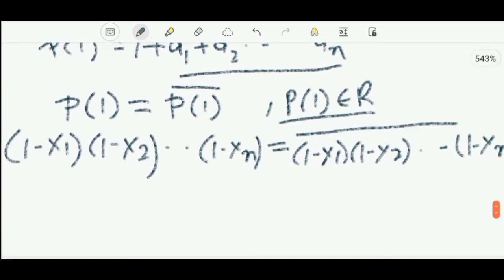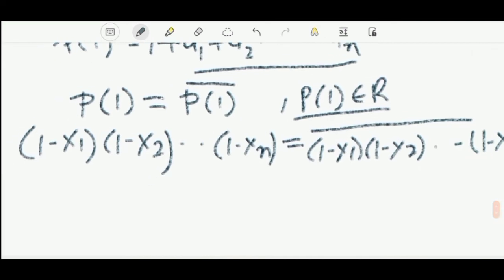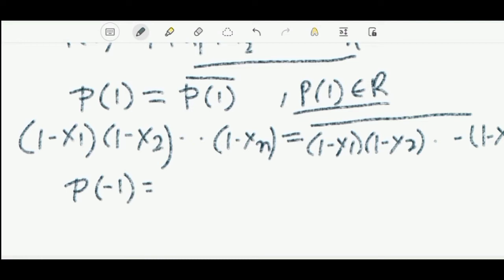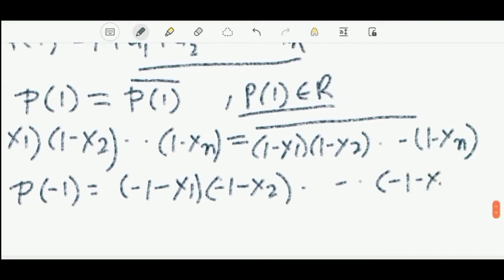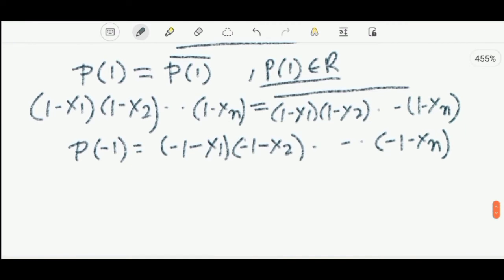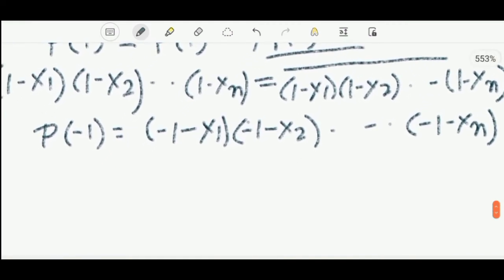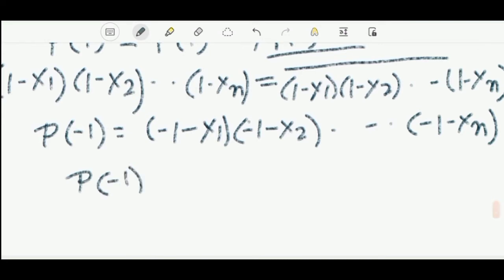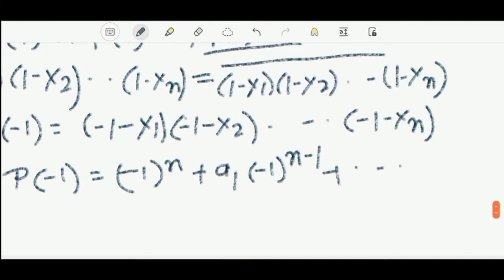And similarly we can do this for p of minus 1. So we can say that p of minus 1 is equal to minus 1 minus x1 multiplied by minus 1 minus x2 up to minus 1 minus xn, and if you see, then p of minus 1 is minus 1 raised to the power n plus a1 times minus 1 raised to the power n minus 1 up to an.